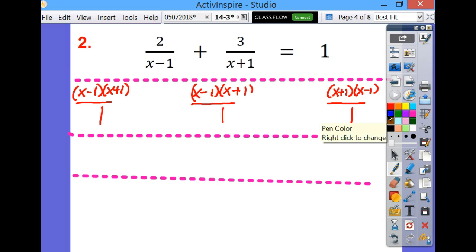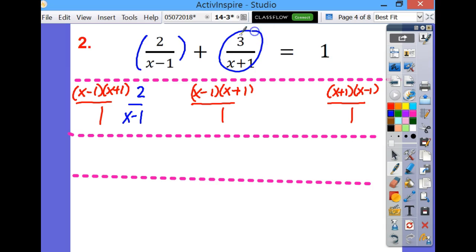I have to multiply it by this term, except I need to write the term down right instead of changing the problem. And I need to multiply it by this term, and also by the 1.